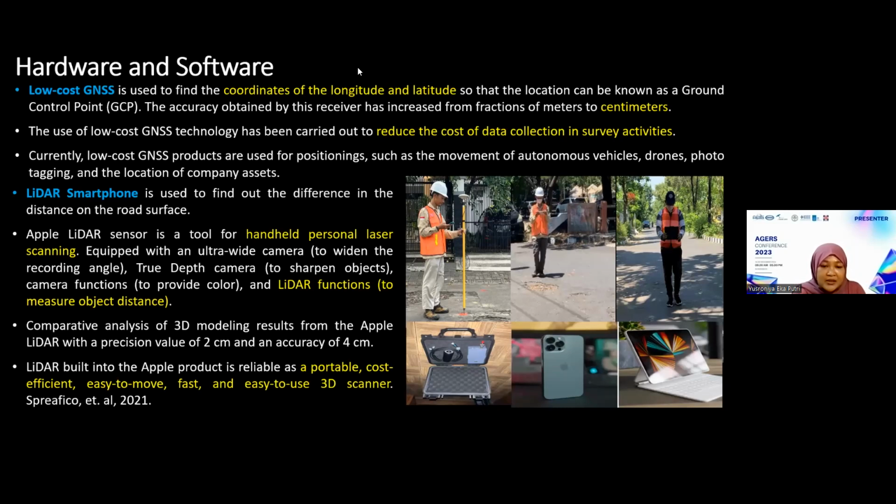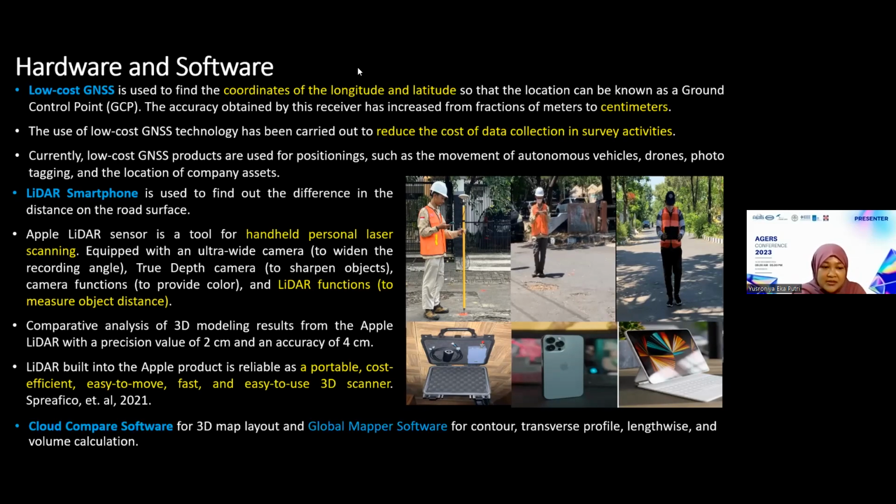This is reliable, portable, cost efficient, easy to move, fast, and also easy to use for 3D scan. Also, we use open source software like Cloud Compare and Global Mapper for contouring, transverse profile, lengthwise, and volume calculation.